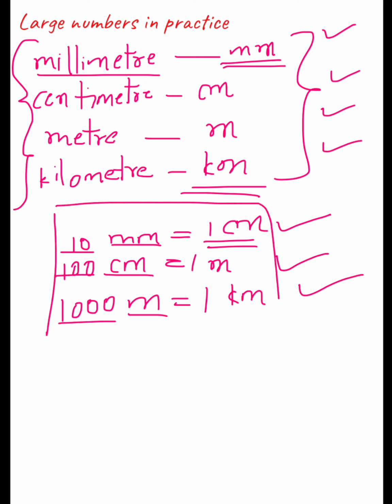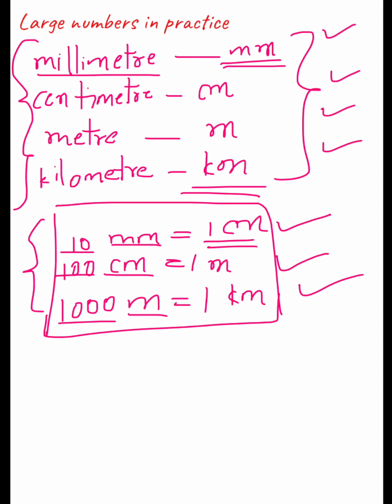These things you have to keep in mind always. When you know these relations, then you can convert any unit to other units. So these three things you have to keep in mind.